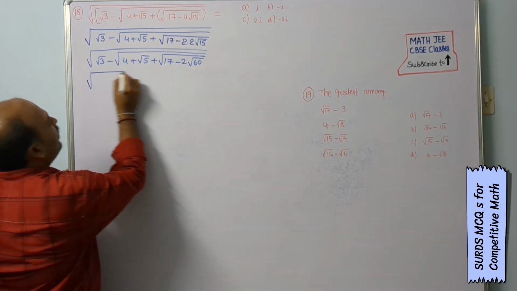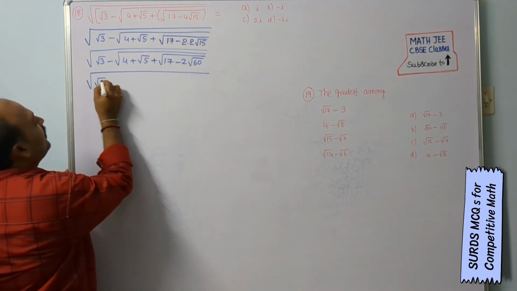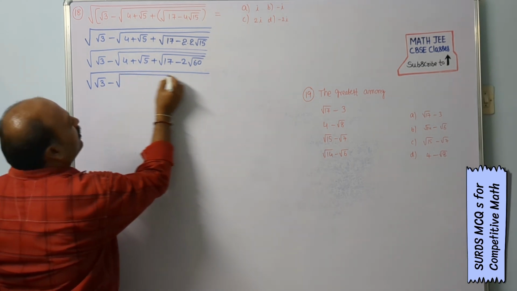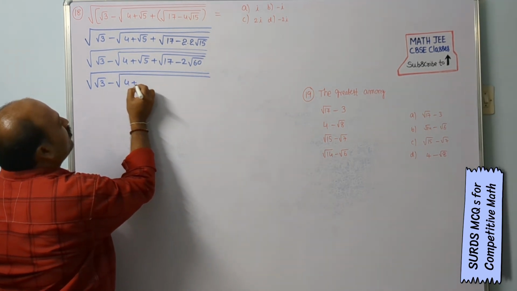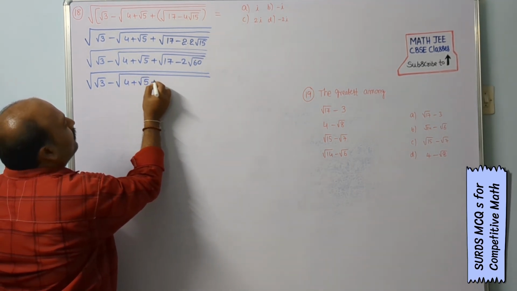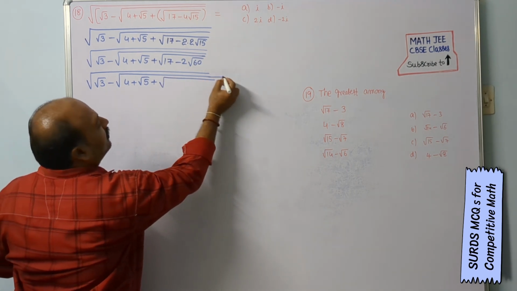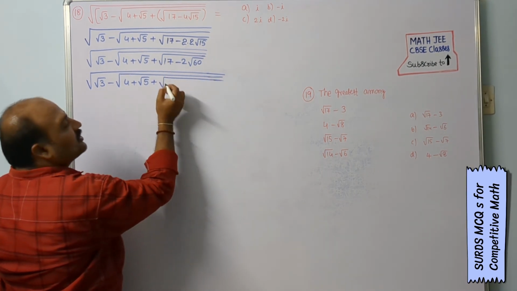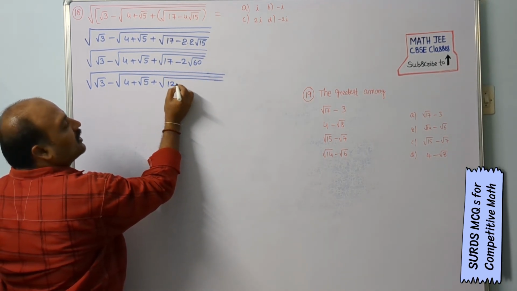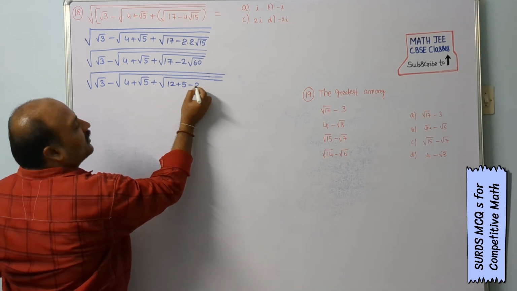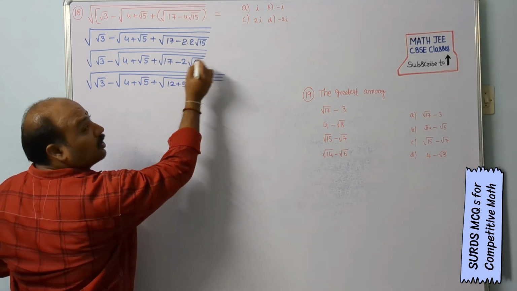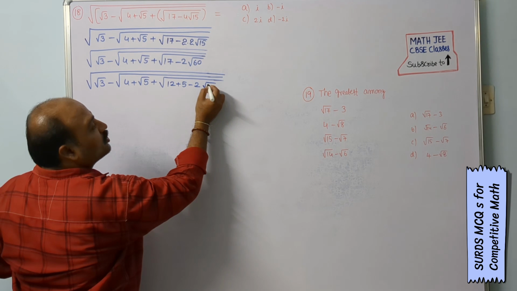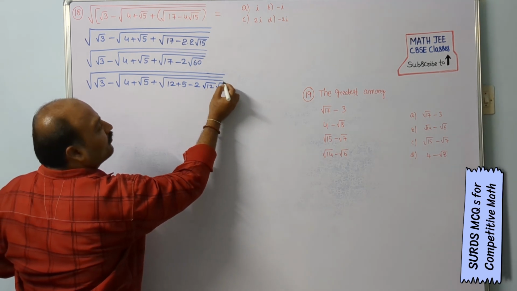So square root of root 3 minus square root of 4 plus root 5 plus root over 17 can be written as 12 plus 5 minus 2 into root of 12 into 5. So root 12 into root 5.